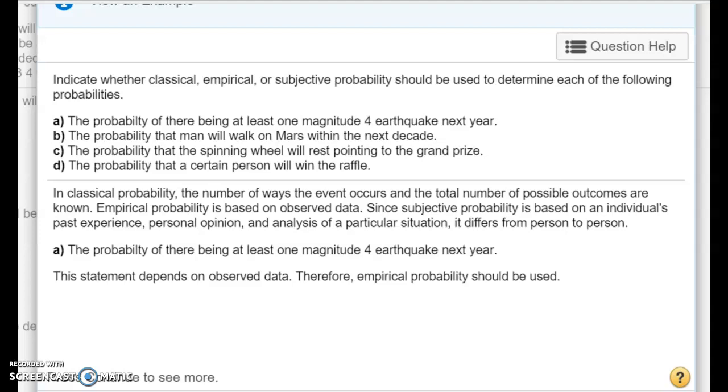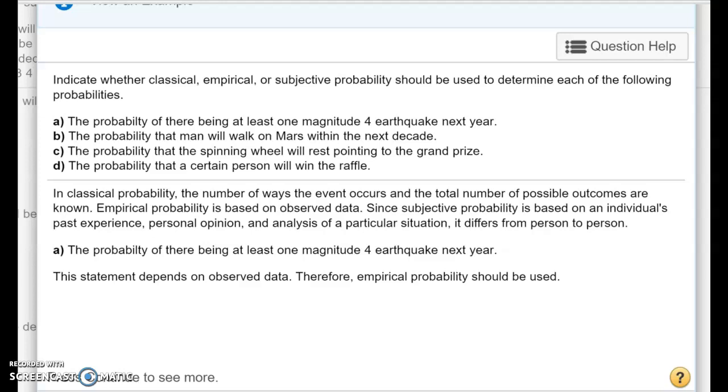When you think of probability, you probably think of classical. And then empirical, I like to say you're doing an experiment, because it starts with the E, just like empirical. And when you do an experiment, you're observing your data from the experiment.